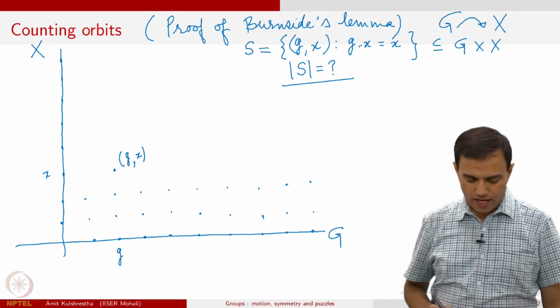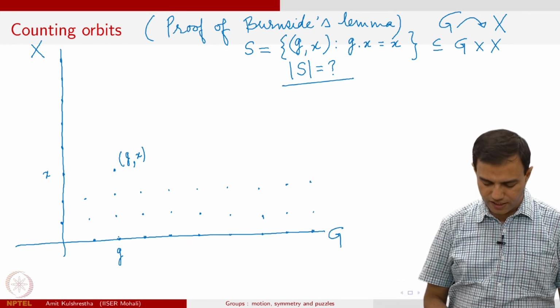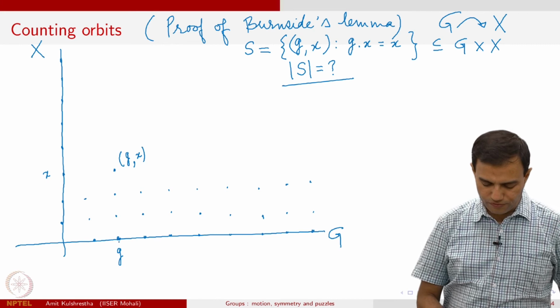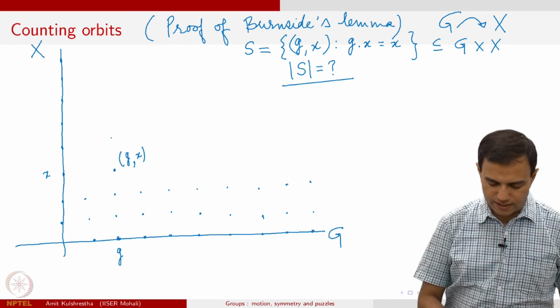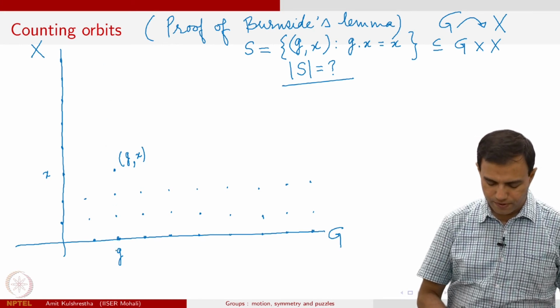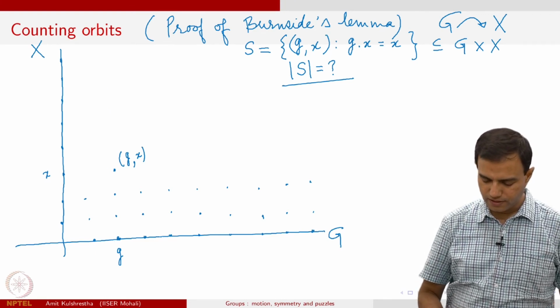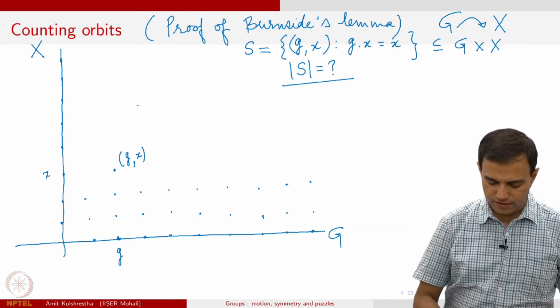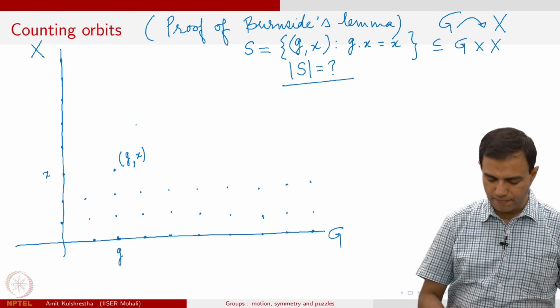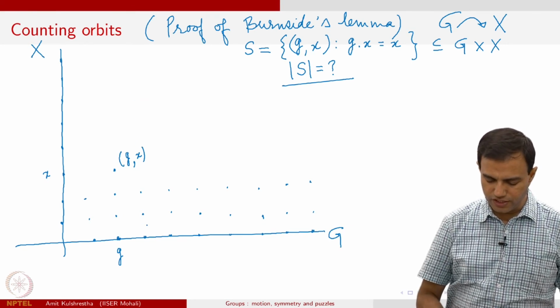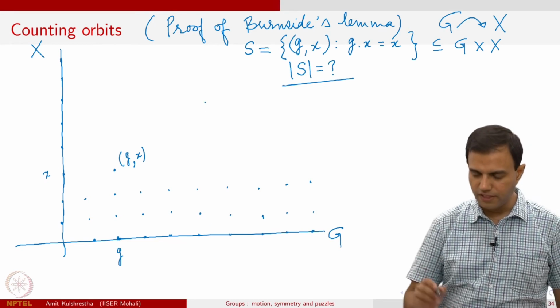One way is I fix a g and then look for all the elements in this column for which g dot x is x, and then add it with the similar number for another g, another g, another g, like this.